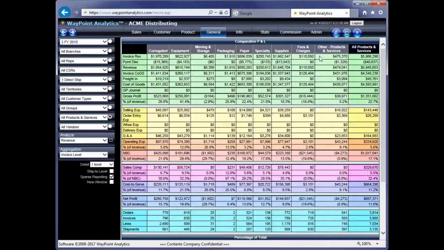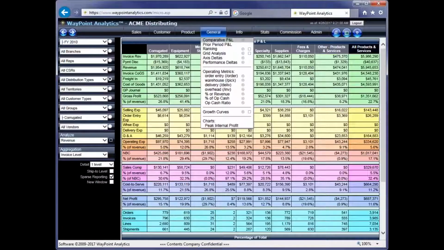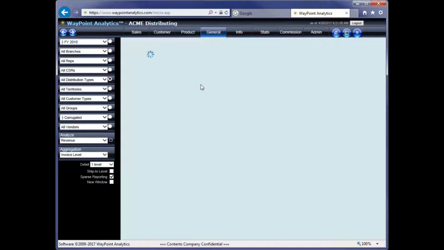When I narrow it to just the corrugated and take a look back at the distribution type, I can now say, oh, look, we got 5.5 million of corrugated goes out of warehouse, and there's the 1.9 million that we saw as direct ship, and I can get a sense looking at it from the other direction what's going on with the product.